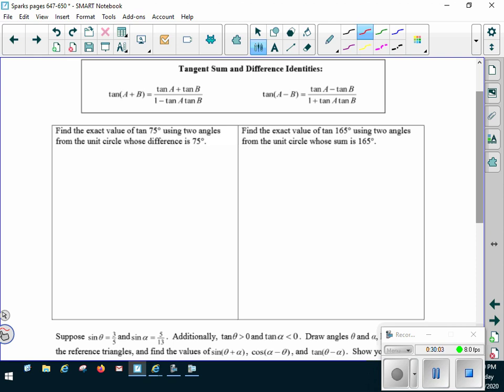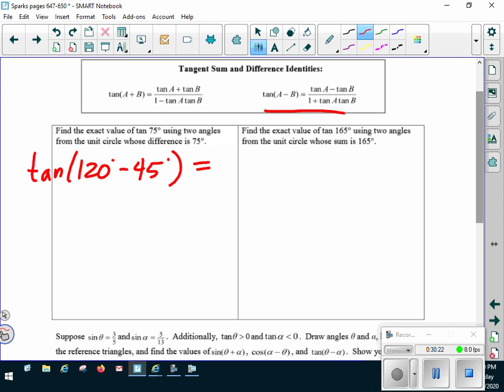120 and 45 will work. You buy that? All right, so this is a minus, so we're going to use this one.